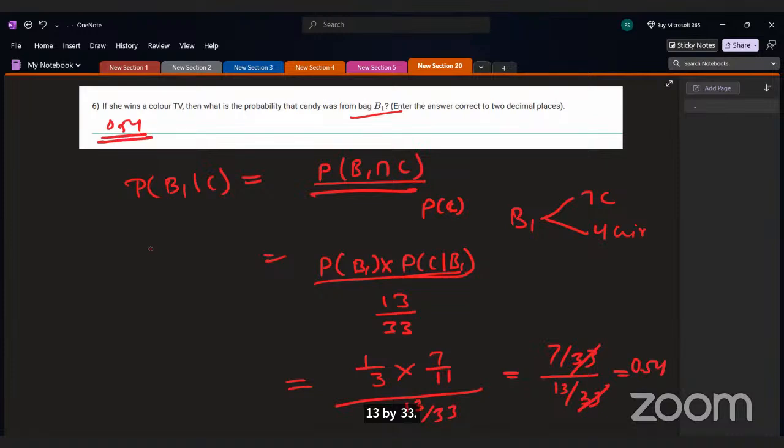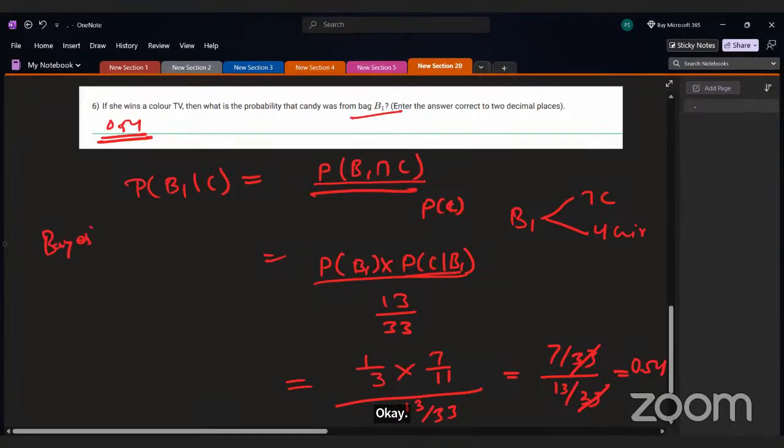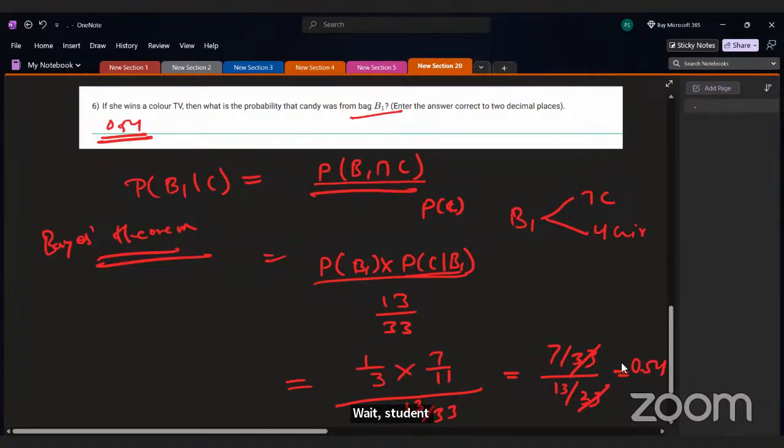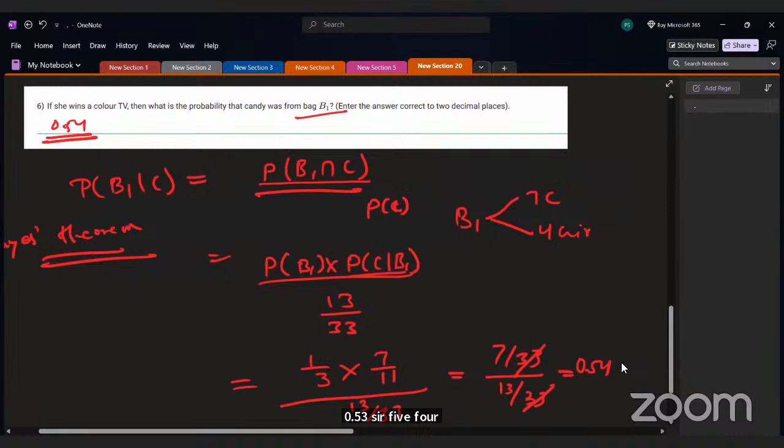Okay. Everyone got this? We used the Bayes theorem here. Sir, 0.53? 0.54, maybe the approximate value, let's see. 7 by 13.